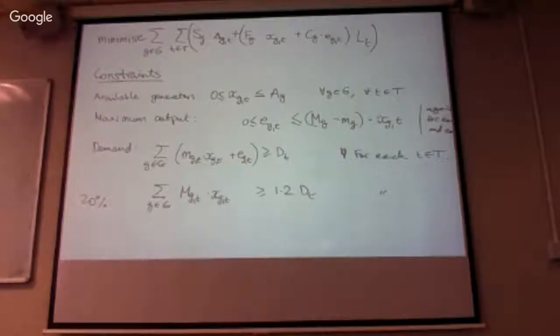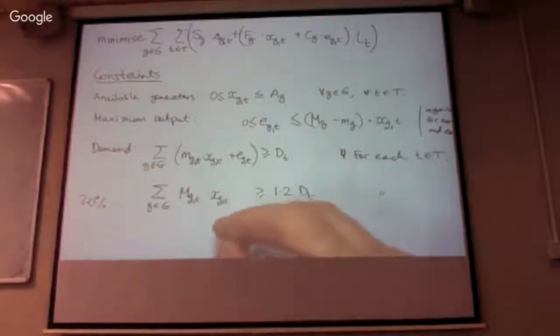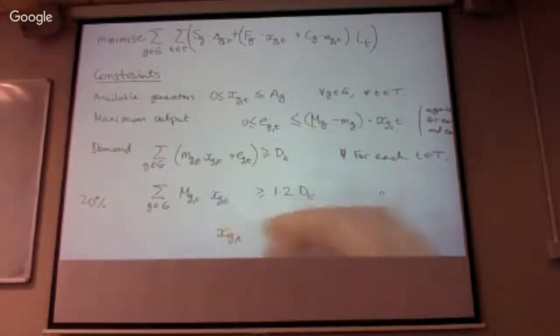So we need something. So how many we're adding? This is xgt minus xgt minus 1. So this is the number we have to start.